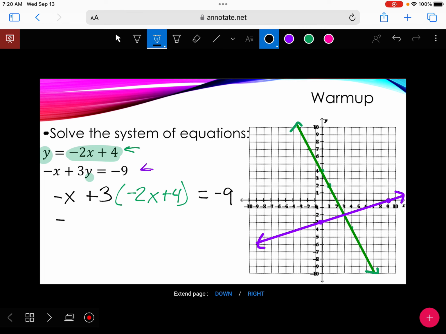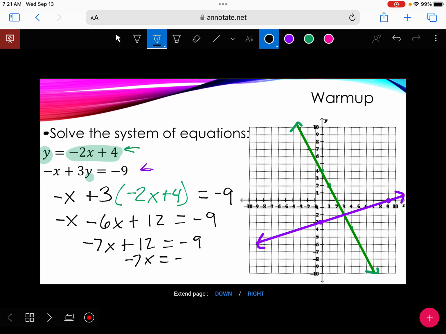To get -x minus 6x plus 12 equals -9. So -7x plus 12 equals -9. -7x equals -21. Therefore x equals 3.